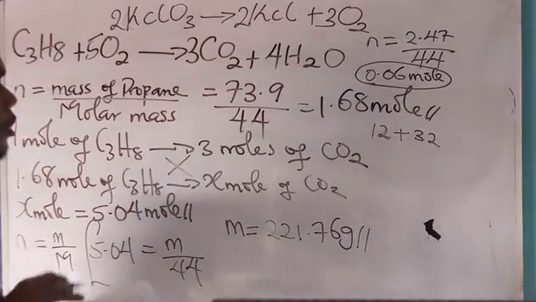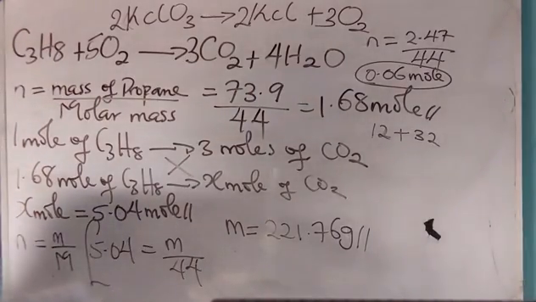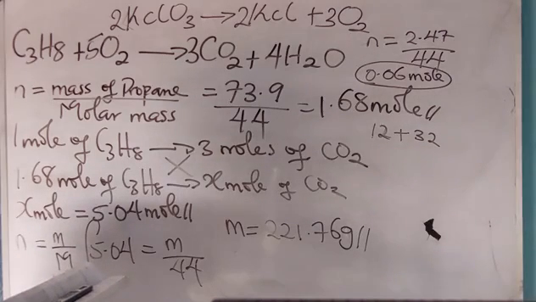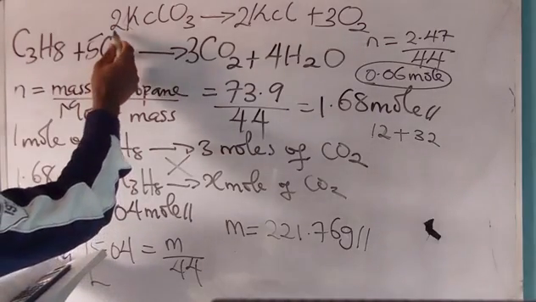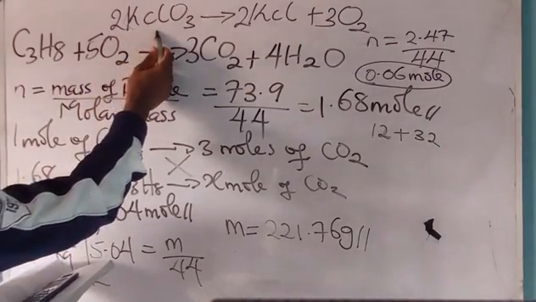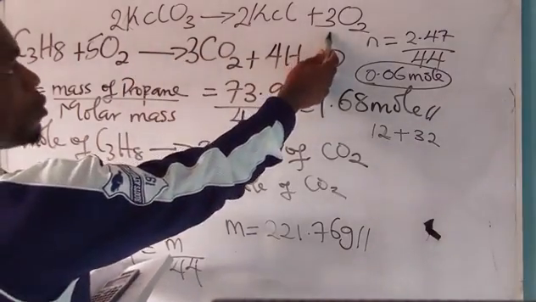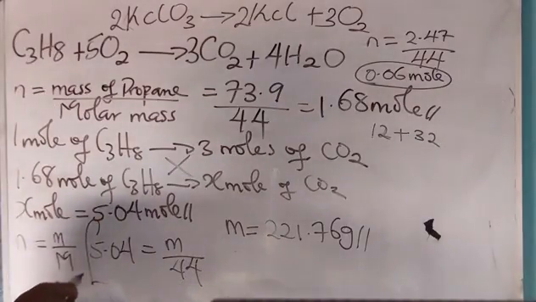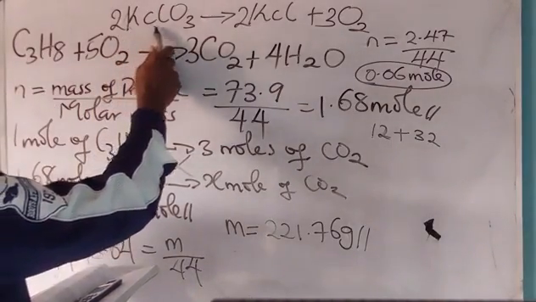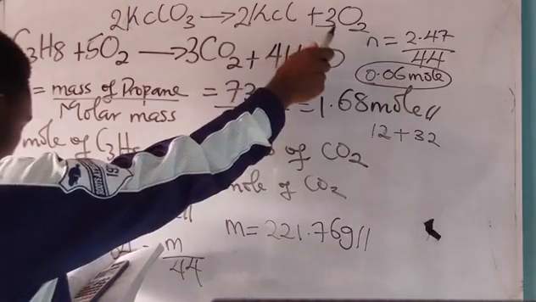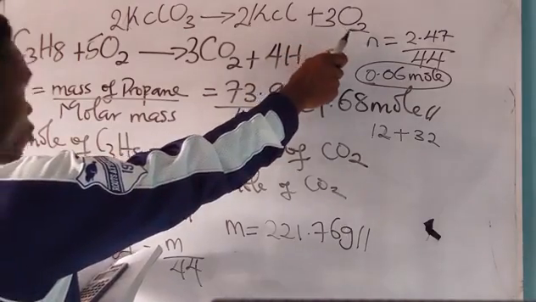Oxygen and propane, okay, that's oxygen and potassium chlorate. All right, so it means that 2 mole of this will produce 3 mole of oxygen.